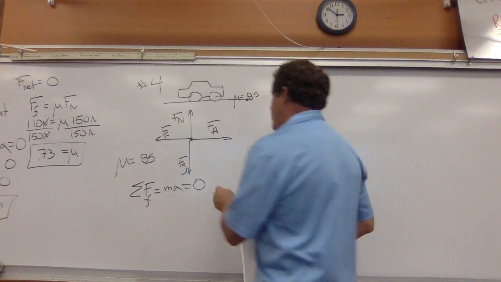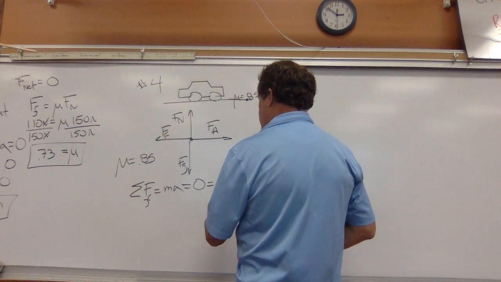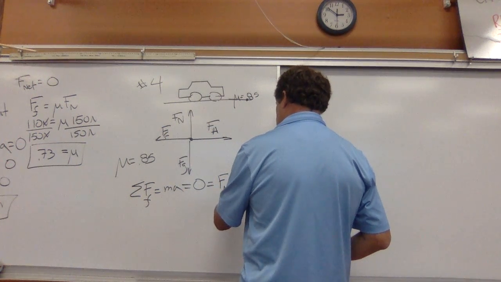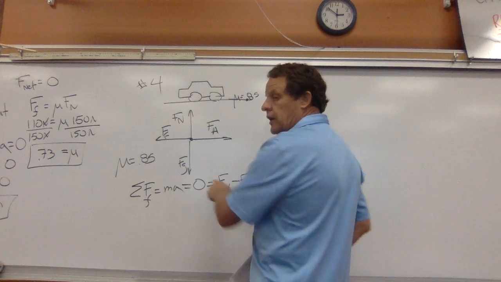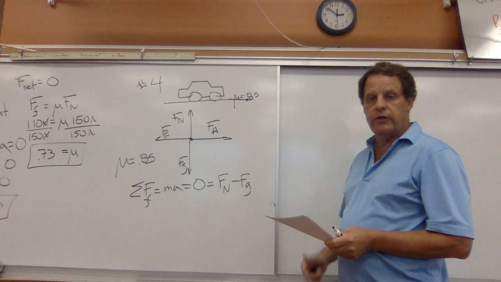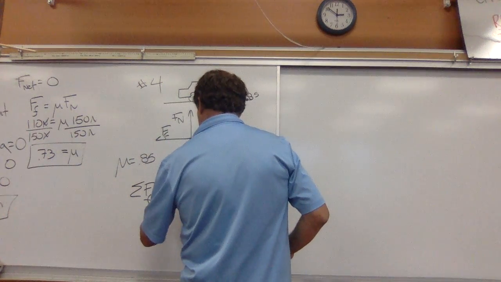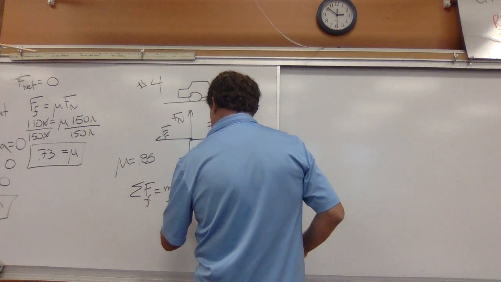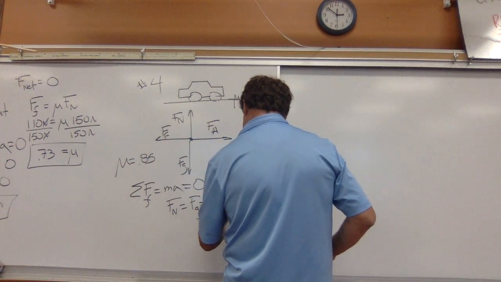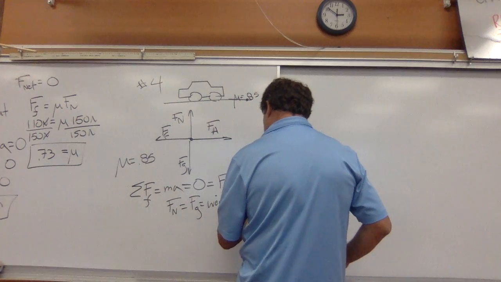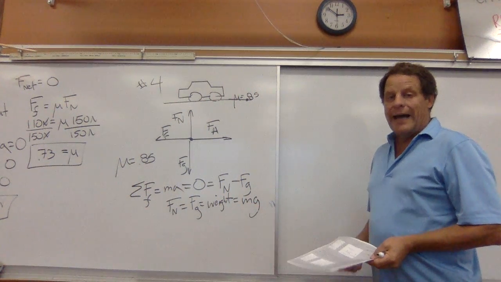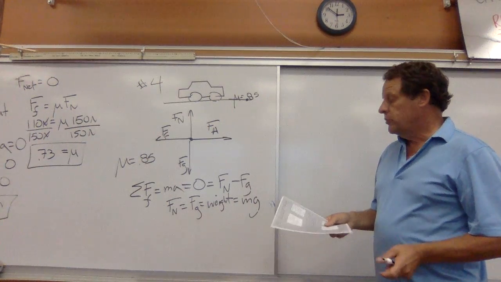And we know that the normal force, positive, minus the force of gravity is going to equal 0. So now we can take this negative force of gravity and bring it to the other side. So the force normal is equal to the force of gravity, which is equal to the weight, which is equal to mg. So mass times gravity is equal to our weight.